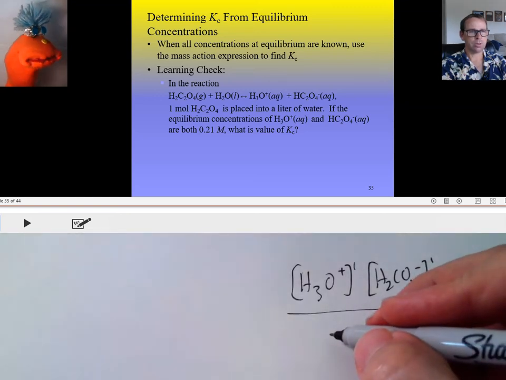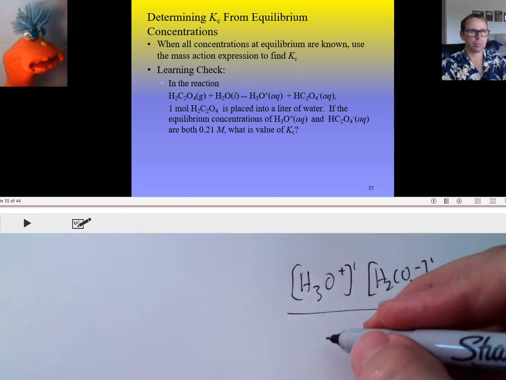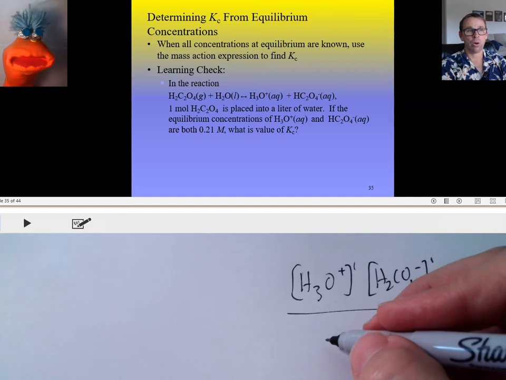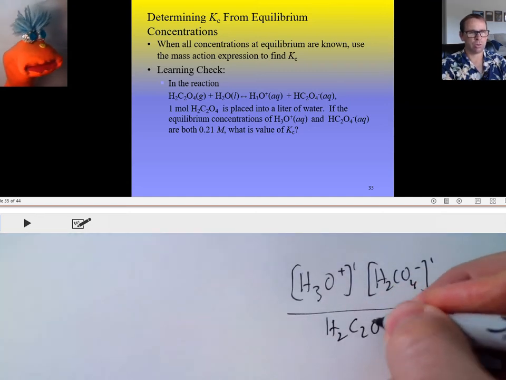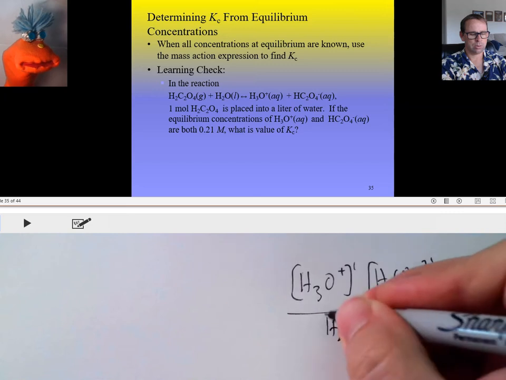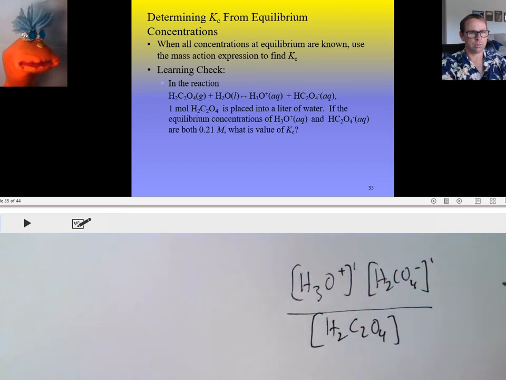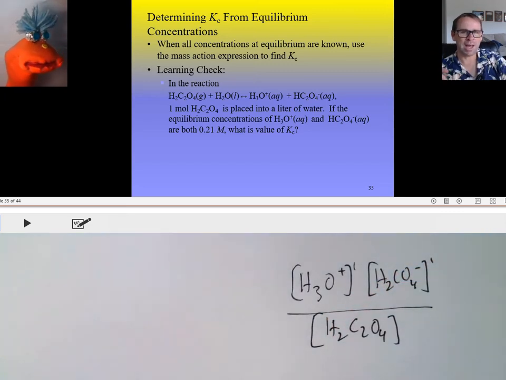You're going to include the water? Why not? It's a reactant, right? It's a liquid, though. Oh, yeah, we don't include the water. Okay, so H2C2O4. Okay, good. So that is the mass action expression, all right?